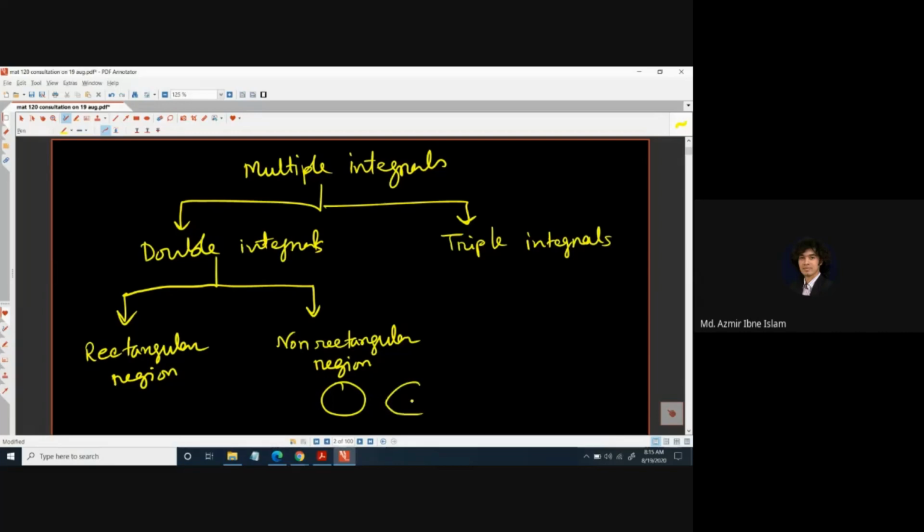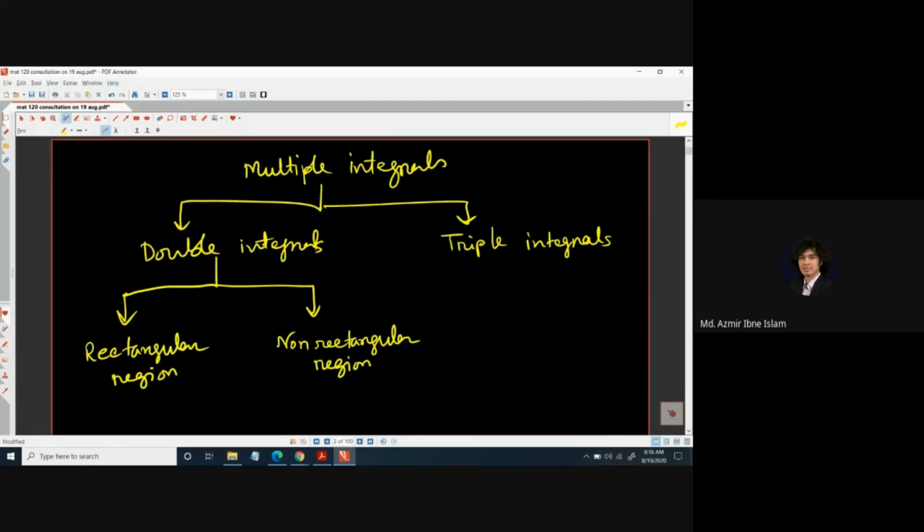We may have a figure where we have a parabola and a straight line. These two are intersecting, so this region is also a non-rectangular region. That means double integrals can be evaluated over rectangular or non-rectangular regions. It will depend on the question pattern.